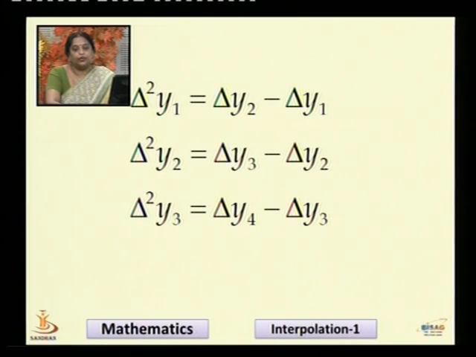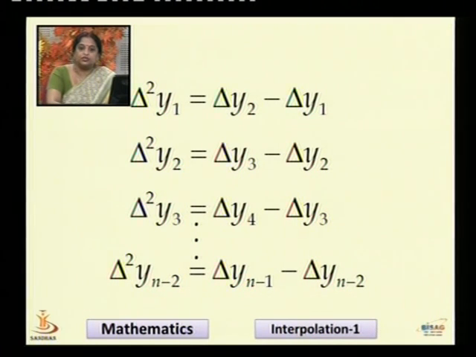Delta square y3 is equal to delta y4 minus delta y3, and so on and so forth. Delta square y n minus 2 is given by delta y n minus 1 minus delta y n minus 2.